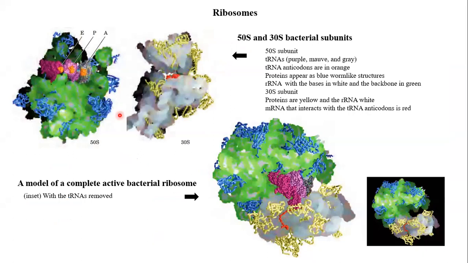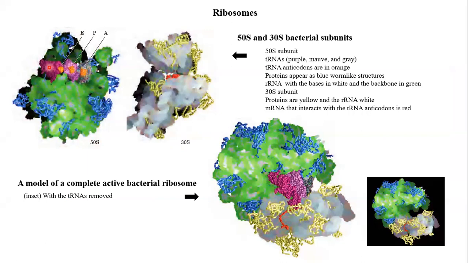This is the high molecular structure of the ribosome, and this is the 50S and 30S subunit. Now here you can see in the 50S subunit there are three sites: E site, P site and A site. E is the exit site, P is the peptidyl site and A is the amino acid site.